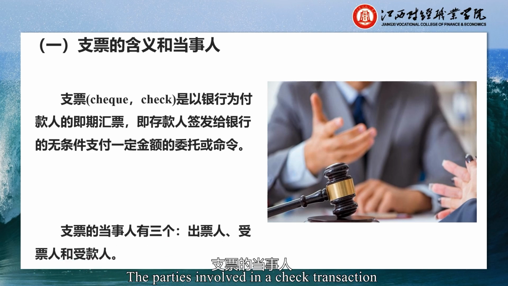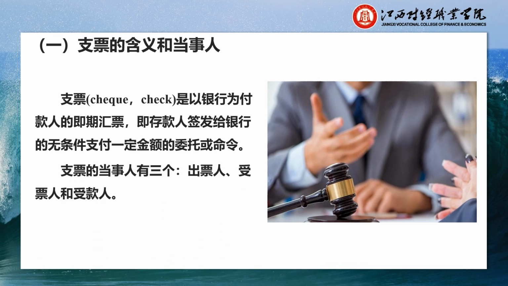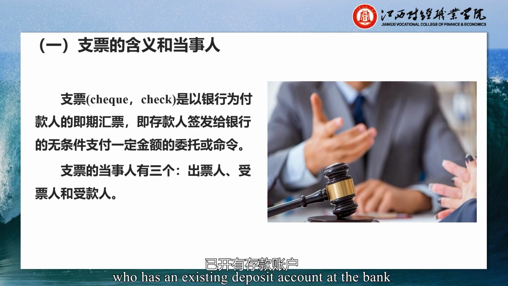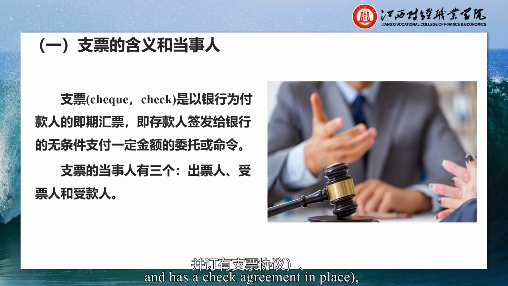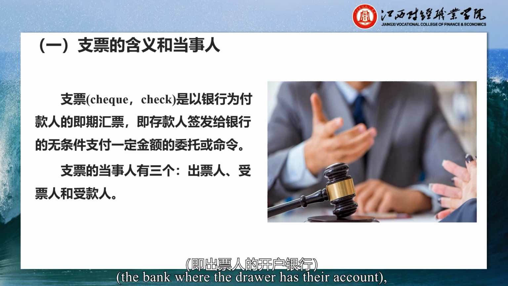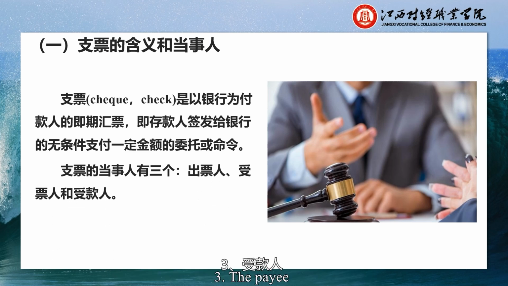The parties involved in a check transaction are three: the drawer, the person who issues the check, who has an existing deposit account at the bank and has a check agreement in place; the drawee, the bank where the drawer has their account; third, the payee, the recipient of the payment whose name may or may not be specified on the check.